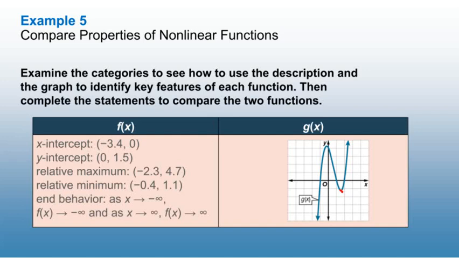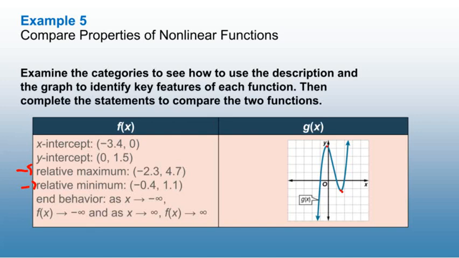We have a relative max, which would be a little bit over 4. You can see the relative maximum for f of x is 4.7, which is higher than g of x. The relative minimum at 1.1 is also higher than g of x.